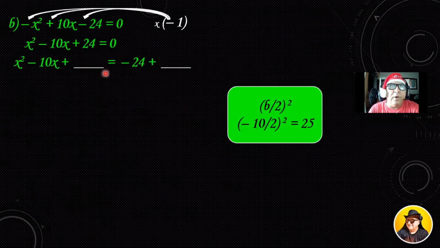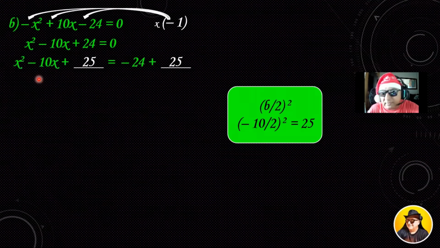So the number we are searching for, to make the left side a perfect square trinomial, is 25. Write 25 on both sides of the equation. Now x squared minus 10x plus 25 is a perfect square trinomial.